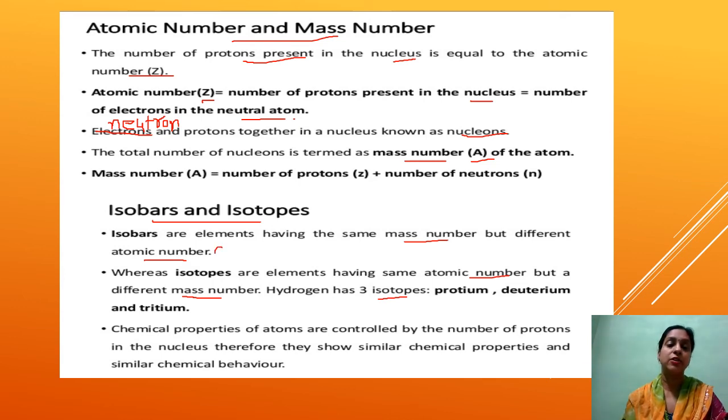And if I talk about isobars, they are argon and calcium. Argon and calcium are isobars because both have mass number 40, but argon has atomic number 18, whereas calcium has atomic number 20.